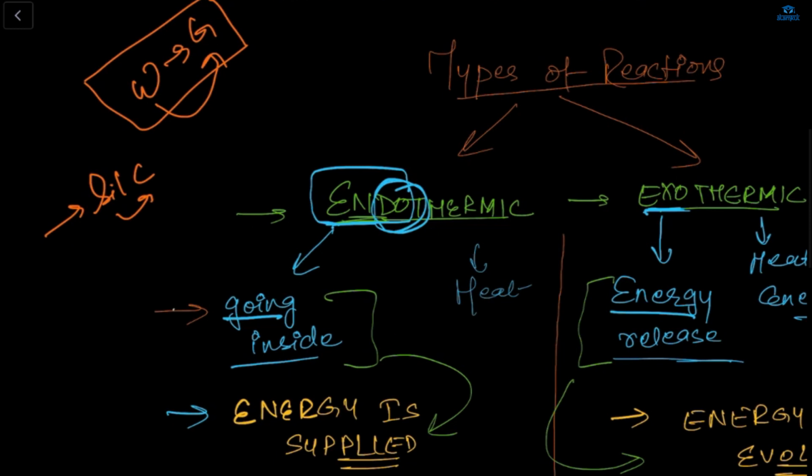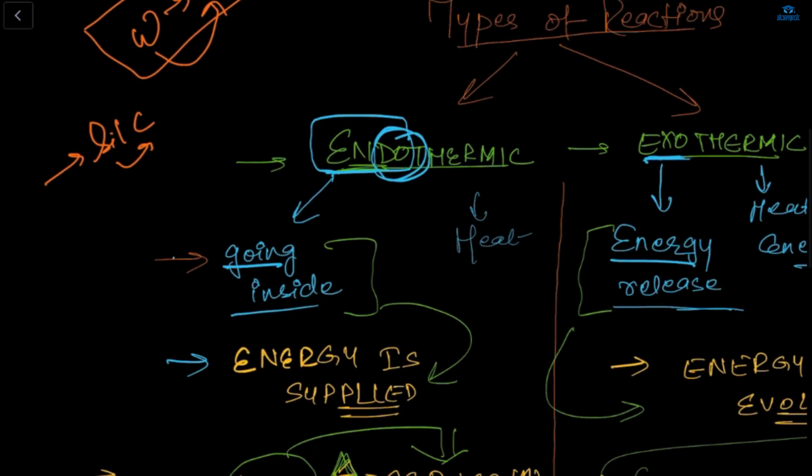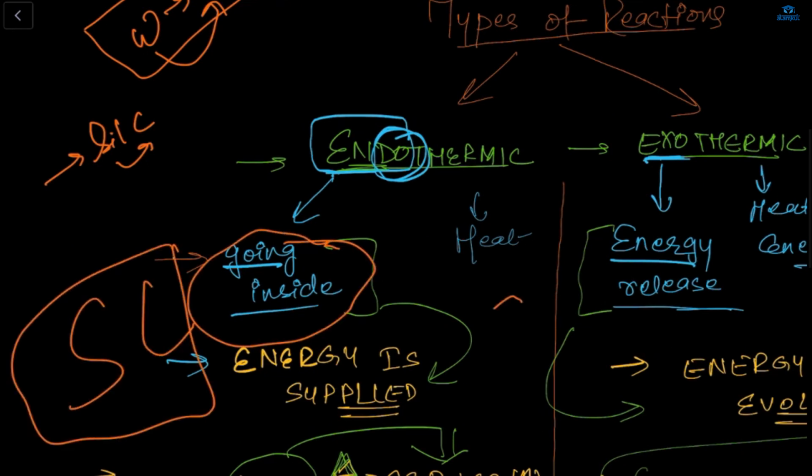It means the energy is getting absorbed by your silver chloride to change its color. So that is why this is your endothermic reaction, because the heat is going inside your silver chloride and energy is getting supplied from the sun to your silver chloride.